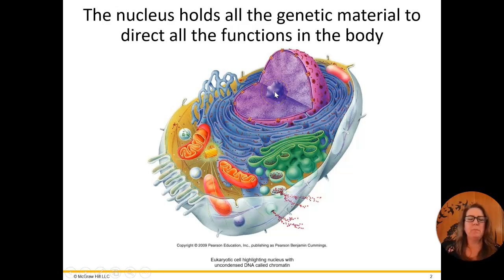Purple, it's not really purple. And then you also see some stringy stuff all throughout this nucleus. This is called the chromatin at this point. That chromatin essentially is going to condense or wrap itself around proteins to become chromosomes.